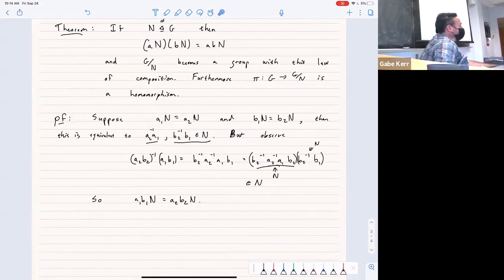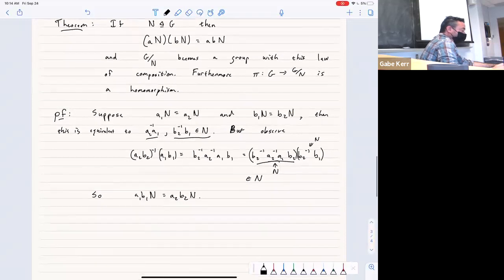So as I said, what has been shown here is that this multiplication is not ambiguous, it is well defined. And so showing it's a group is quite easy.